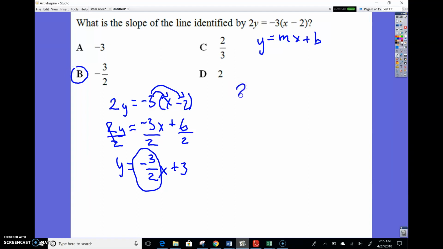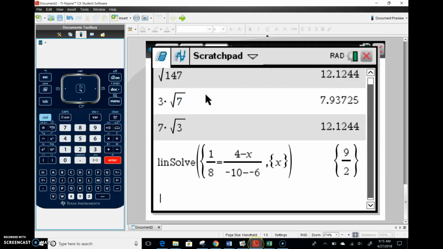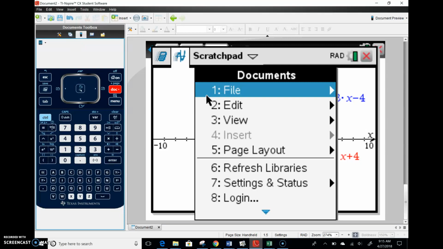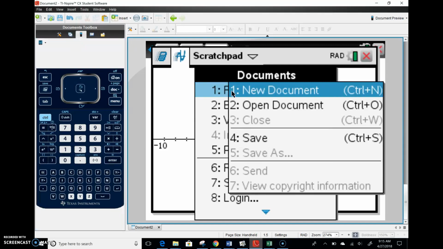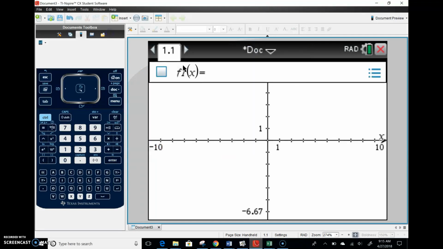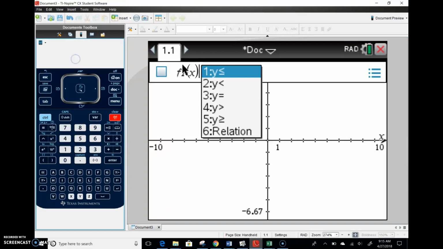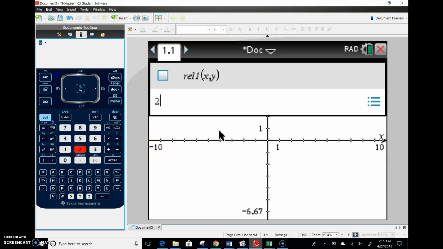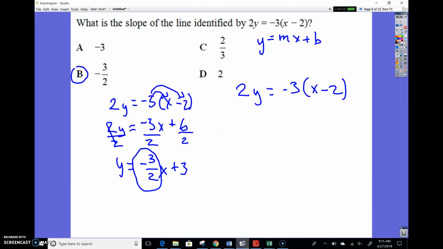Now, if you're not good at solving equations, you can always use relations in your calculator. So I'm going to go to my graph, new document, I don't want to save. I'm going to add a graph and go to my relations. 2y is equal to negative 3x minus 2.